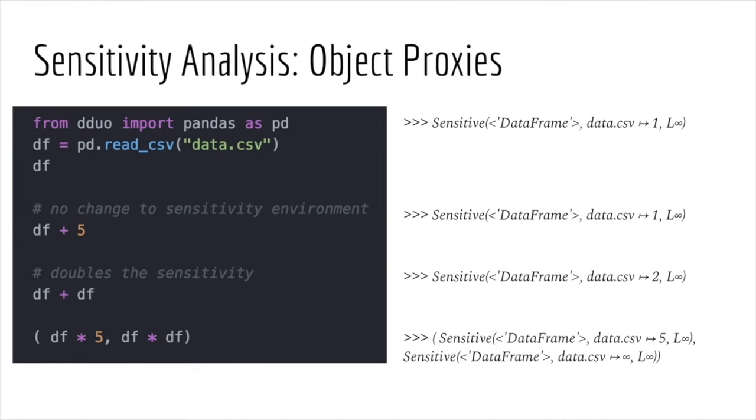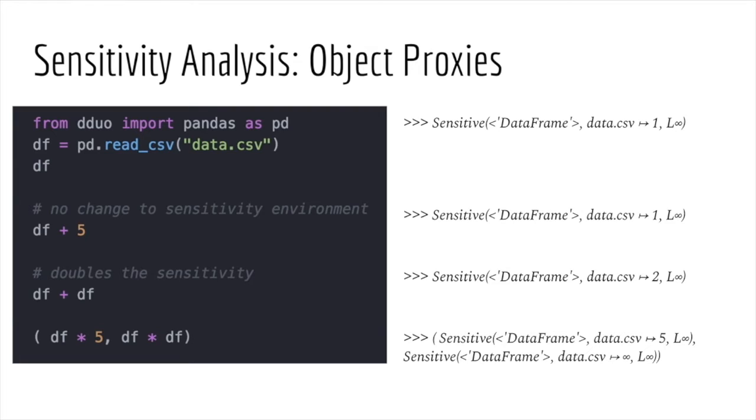Now, sensitivity is key to differential privacy because it's directly proportional to the amount of noise that we must add to the output of a function to make it private. Recall that previously we defined sensitivity as the degree of change of function output relative to function input.